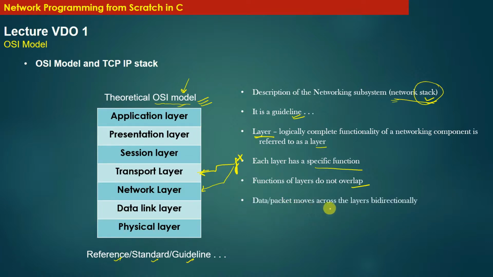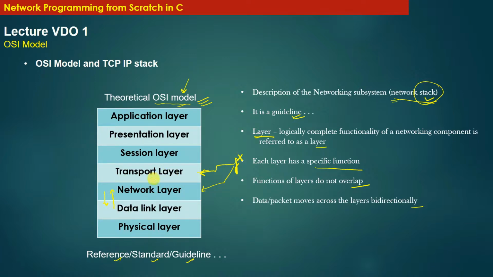The data packets move across the layers bidirectionally. In this networking stack, the packets move from top to down across the stack, and also from down to top, and this happens across all the layers.